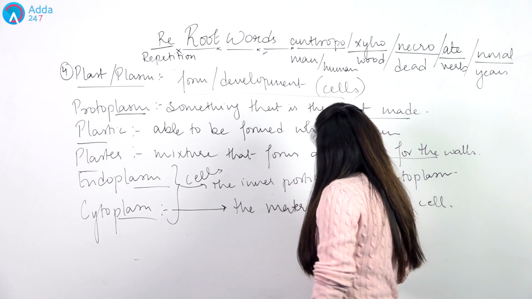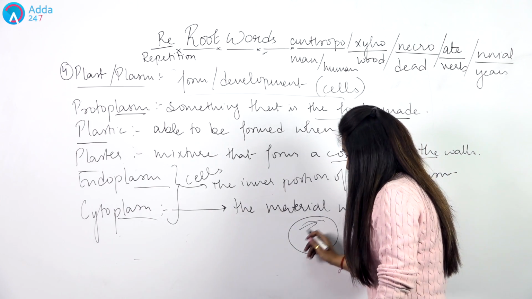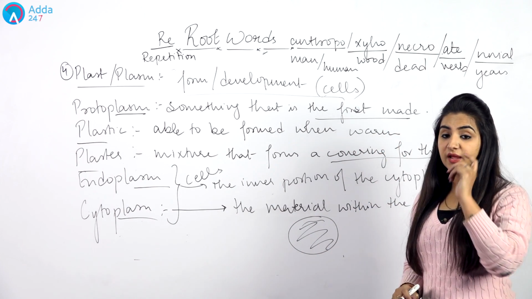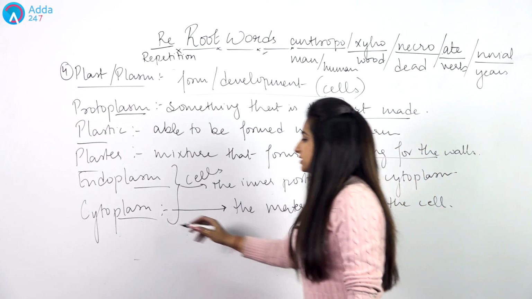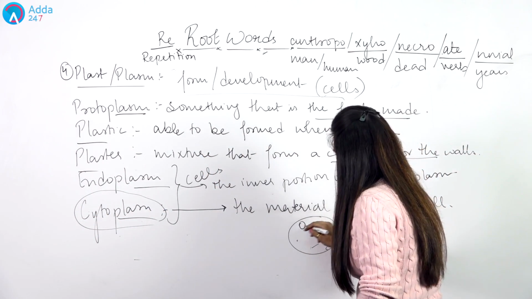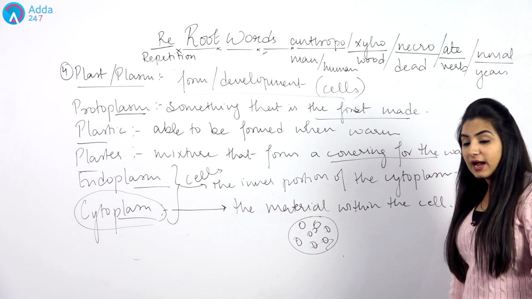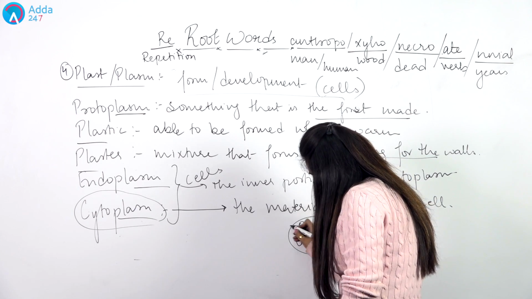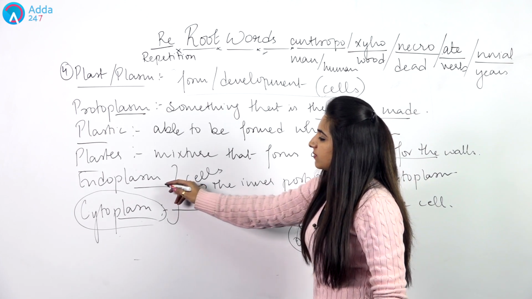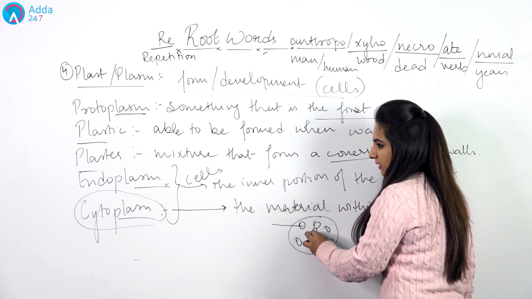For example, now suppose this is your cell. Whatever is inside this cell is what we mean by cytoplasm. And whatever is inside the cytoplasm is what we mean by endoplasm. Cell, cytoplasm, endoplasm. Got it?